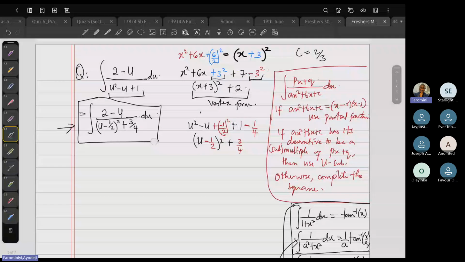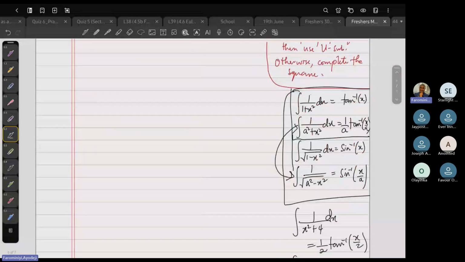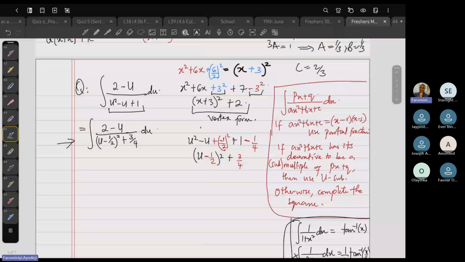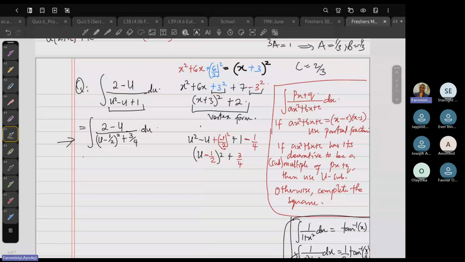So when we have something like this, we know that we can rewrite it so that it looks like x squared plus a number. And we already know what to do when it is x squared plus a number. If the original question was in x, we could have just said let x be equal to u minus 1 over 2. But since we cannot go back to x, we can use another letter.